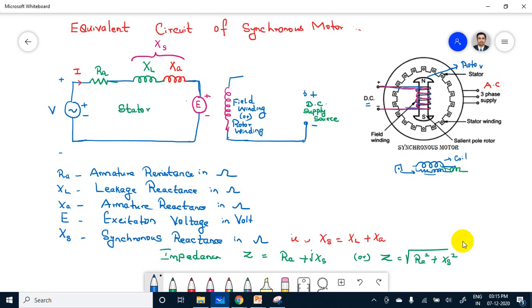Then the positive terminal is connected with a rheostat. Rheostat means you have to adjust this DC excitation. So for that I need a rheostat. This is my rheostat.